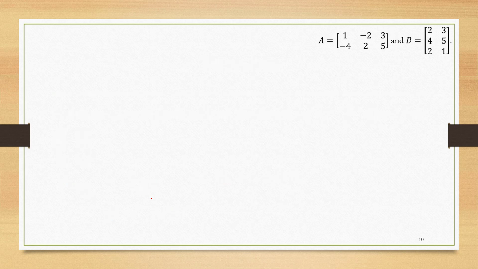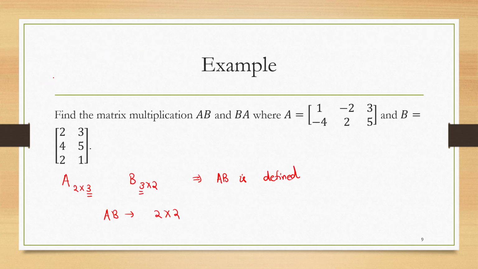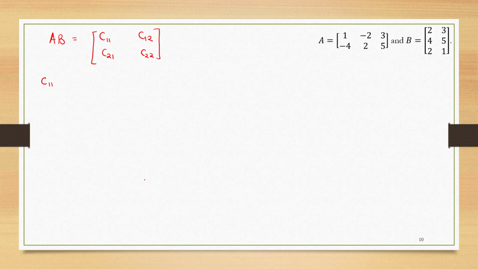Again, write a dummy matrix AB of order 2 cross 2, that is C11, C12, C21, C22. Now let's find C11. Here the common value was 3, so we are going to put 3 brackets: C11 is the first bracket plus this plus the third bracket.